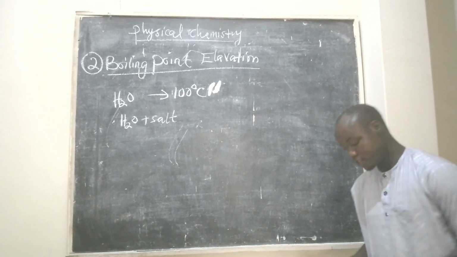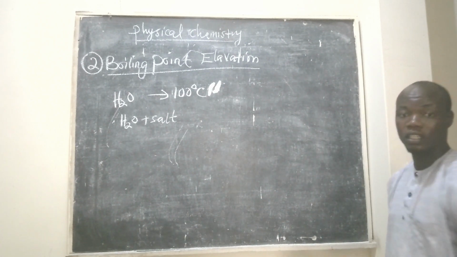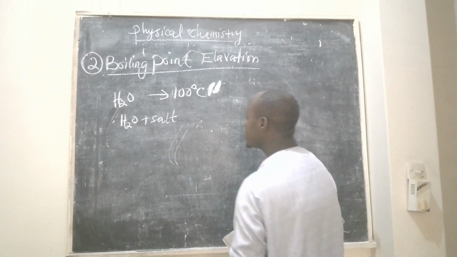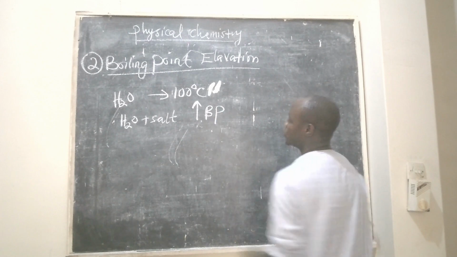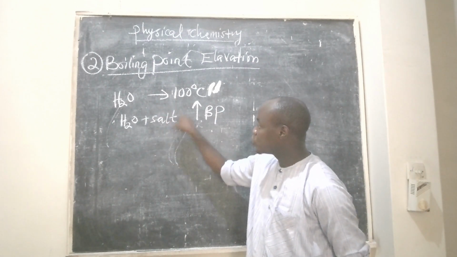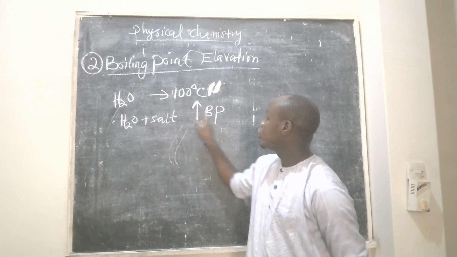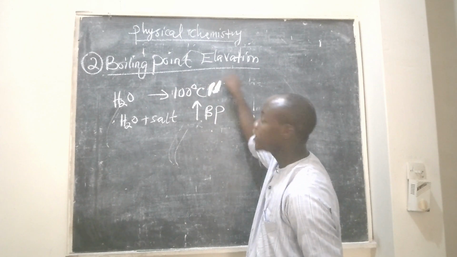this addition of salt into the solvent leads to an increase in boiling point. So it means that as you add solids into the solvent, the boiling point increases. That is why it's called boiling point elevation.